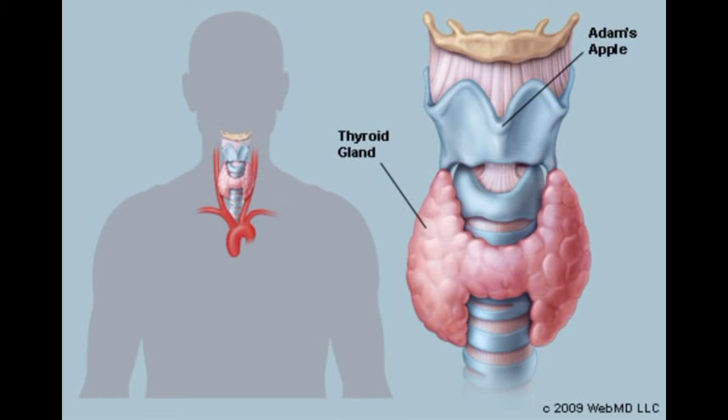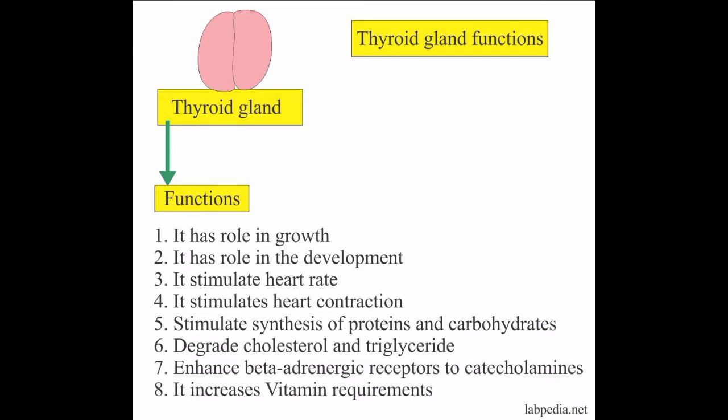What are the hormones released by the thyroid gland? The hormones released by the thyroid gland are thyroxine and calcitonin. What is the function of thyroxine and calcitonin? We will study here. Thyroxine promotes metabolism of carbohydrate, protein, and fats.